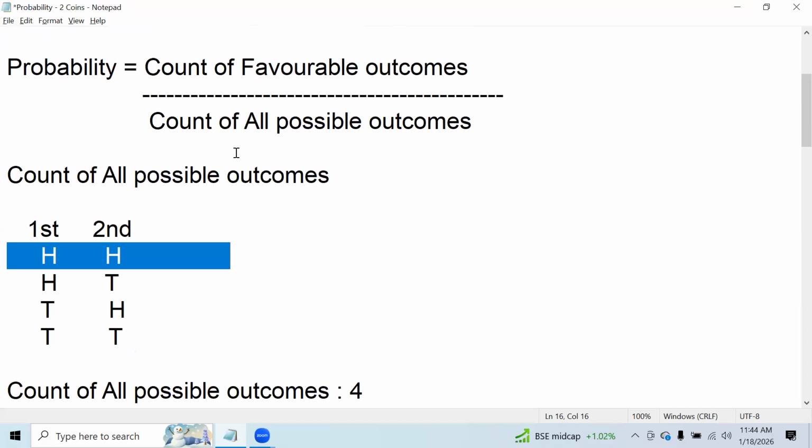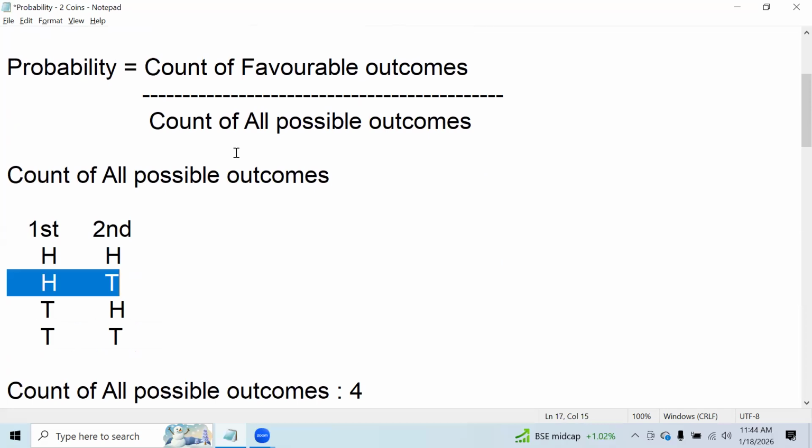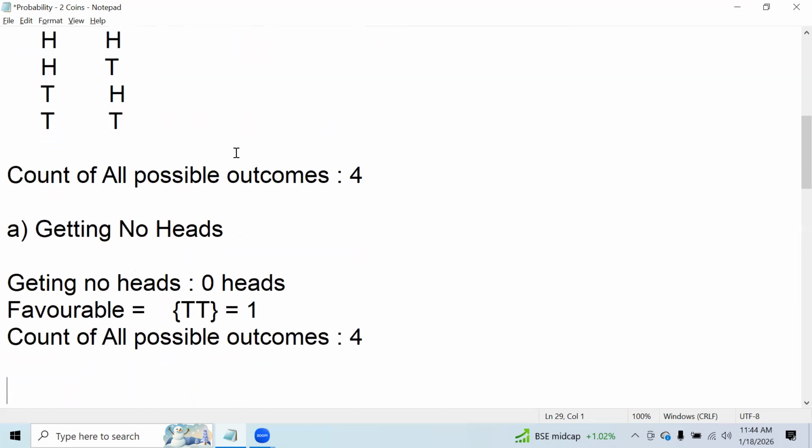HT, we have one head, so that is also satisfying, because at least one head is there. TH, at least one head is there. TT, here we don't have any head, so we have zero heads over here, but we are looking for at least one head. So except this, everything else is favorable for us.